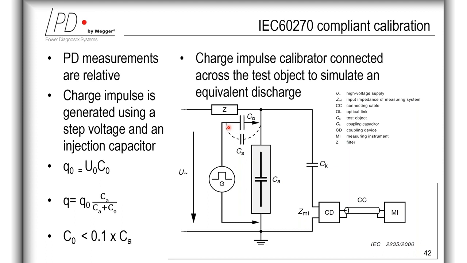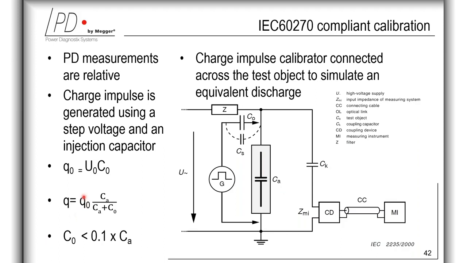Of course, it should be avoided to have a stray capacitance like CS here, which is bridging the injection capacitor C0. But with commercially available calibrators, the injection capacitor C0 is typically an integral part of the unit. Looking at the figure, it's obvious that C0 should be small against the capacitance of the device under test.